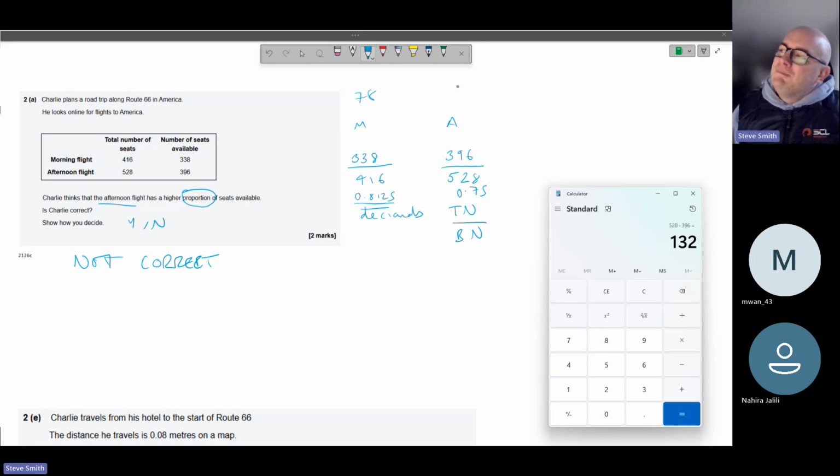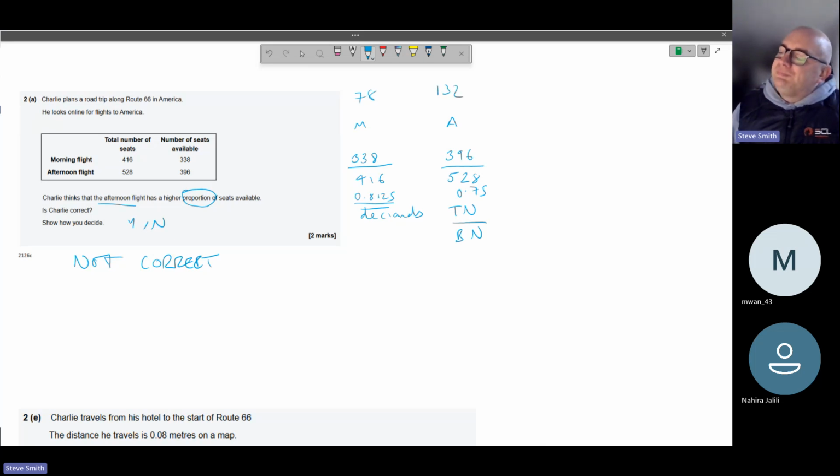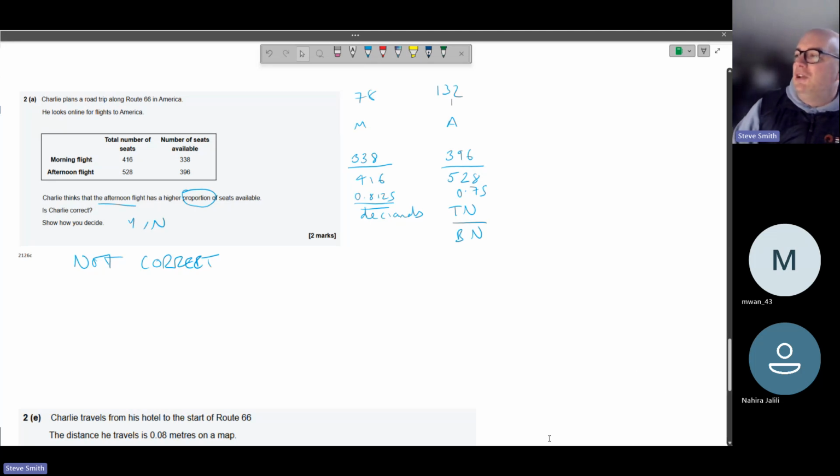So if you're looking at that one, it's saying that there's basically 132 seats sold, or the difference between those numbers is 132. So you'd probably say, oh yeah, look, it's a higher number as the afternoon. So that's maybe where Charlie's kind of, that's what the questions try to trick you into thinking, that if I just find out the number of seats that are taken and get us the highest number.